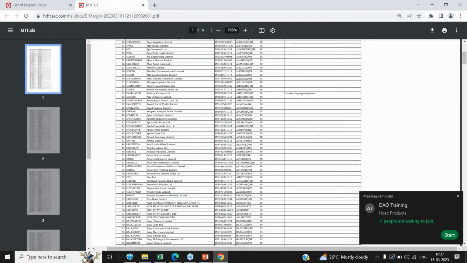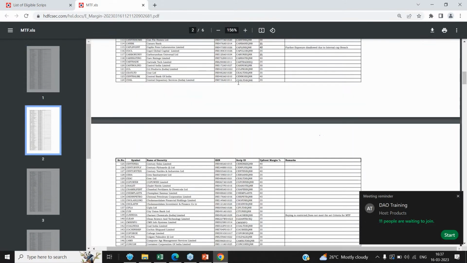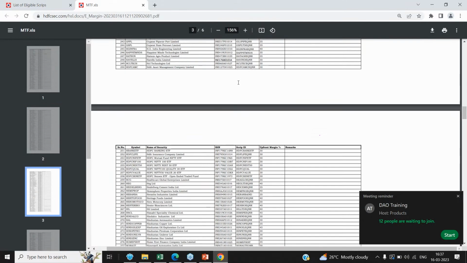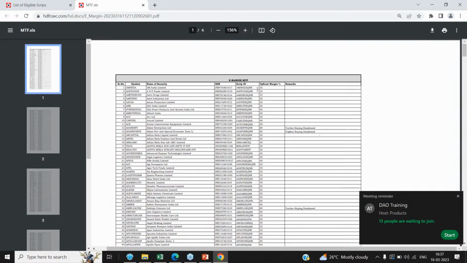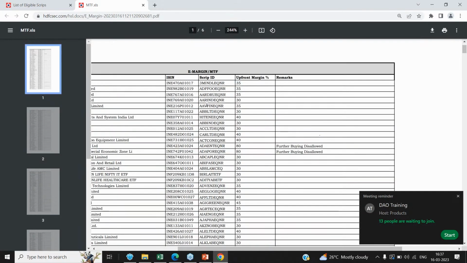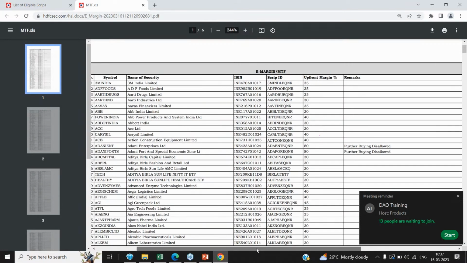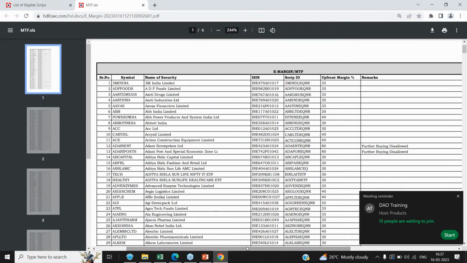These are the lists of stocks wherein customers can check and they can place orders. At the same time, we also give the percentage. How much percentage are we giving? So it's absolutely transparent to our investors, where investors can place orders.